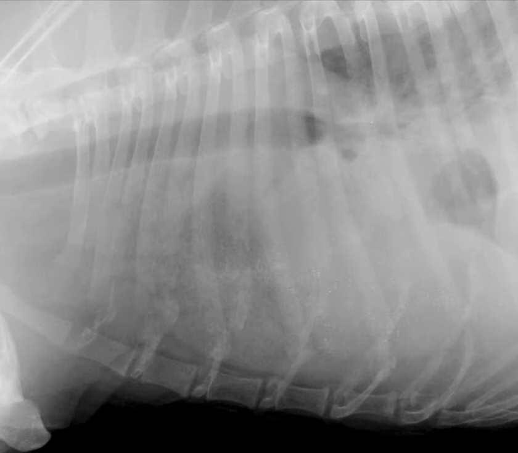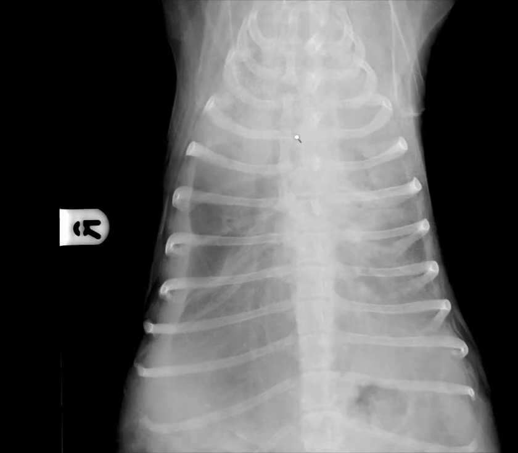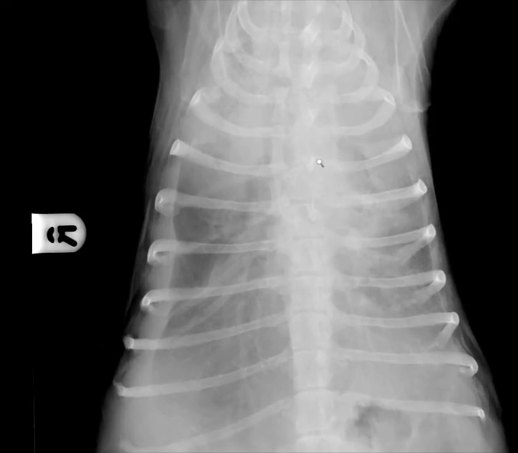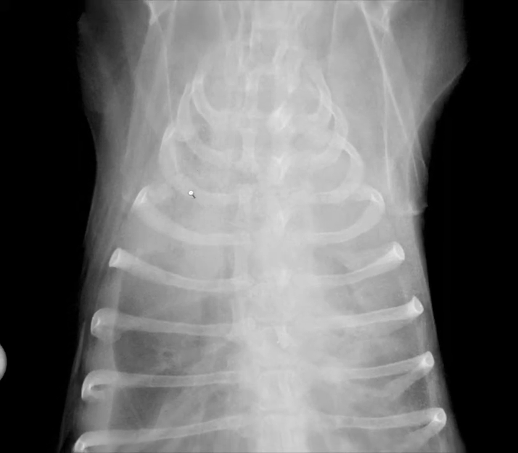Because it's a finding probably more pathognomonic for lung necrosis than specific to lung lobe torsion being the most common cause of lung necrosis in the dog, I usually jump to lung lobe torsion as the most likely differential, but probably this pattern is created by the necrosis more so by the torsion if we're really being specific about it.